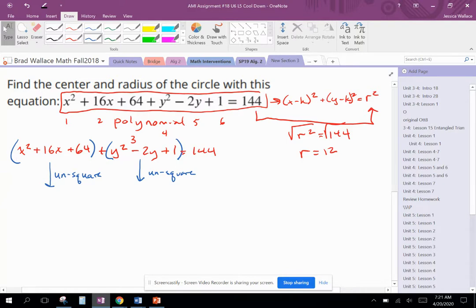All right, and so you remember from Algebra 1, you have a squared, which is called a quadratic. We are going to factor it. And so what you do is you ask yourself, what two numbers give you 64 and add to give you 16?